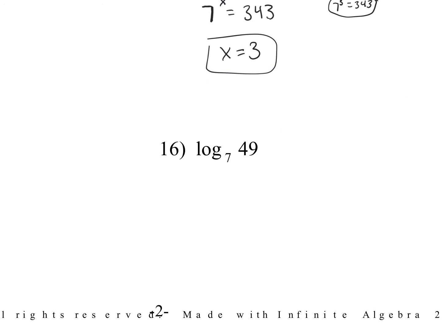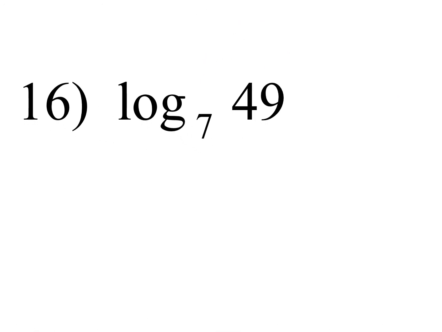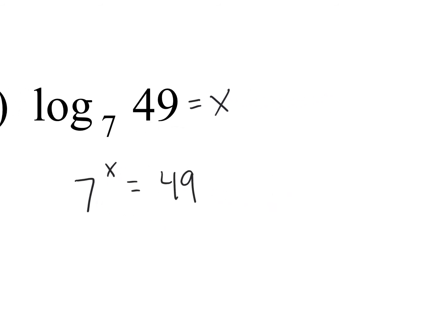All right, let's look at 16. So log base 7 of 49 is equal to x. Put it into exponential form, so we have 7 to the x is equal to 49. So 7 to the first power is 7, 7 to the second power is 49, which is what we're looking for.